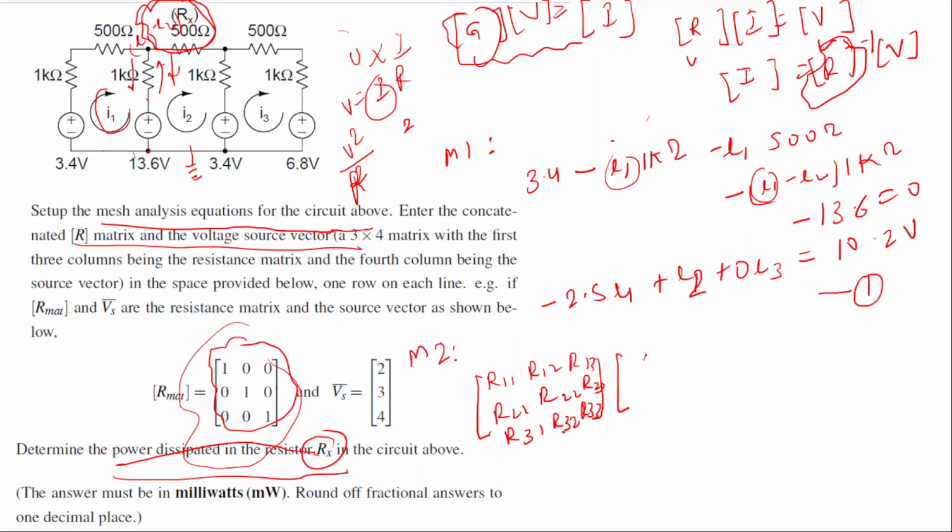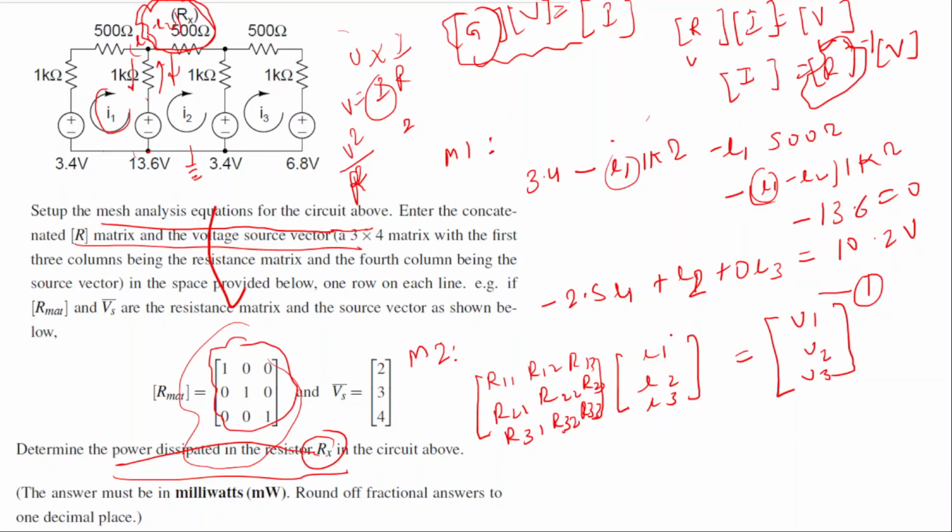That will be equal to V1, V2, V3. Okay. So that is the meaning of this R matrix. Is that clear? Okay.